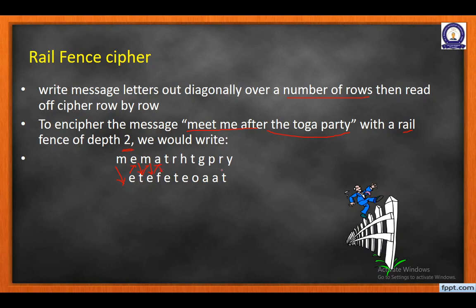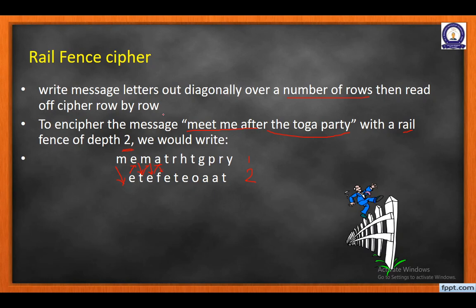Because the depth is mentioned as 2, this is your first row and this is your second row. Suppose the depth would have been 3, then this E would have come here. I hope everybody understood what a depth of 2 means. This is the procedure by which the plain text is converted into an encrypted text.